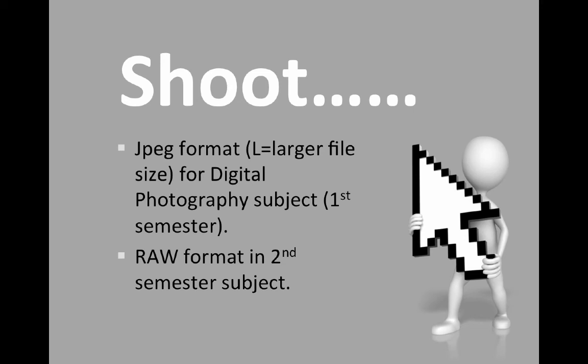That's not a bad idea actually. Use the JPEG image for your assignments this semester. But if you actually get a cracker of an image, you've got it in RAW format as well to do some post-production when you learn a little bit more about Photoshop and how to get the best out of your images. So shooting JPEG and RAW is fine, but we do recommend that you only use the JPEG for your submissions.